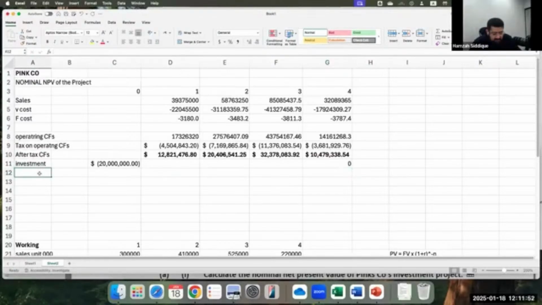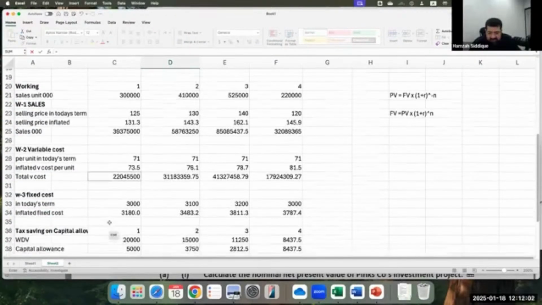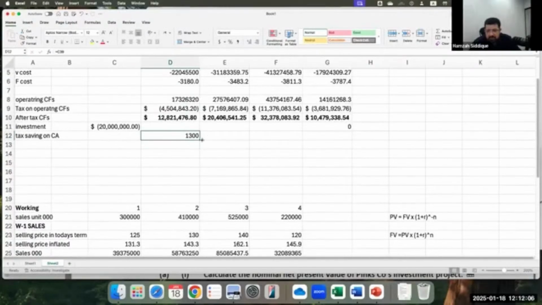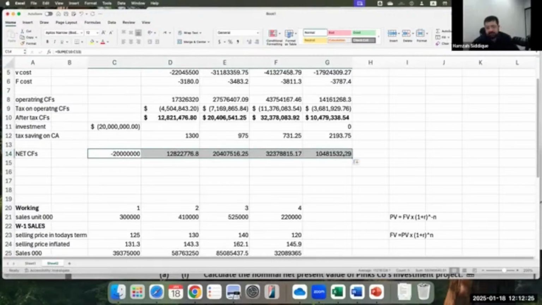Then there is tax saving on capital allowance. That will be adjusted as a saving, a positive cash flow. Tax saving on capital allowance. Net cash flows, from this to this. Net cash flows.